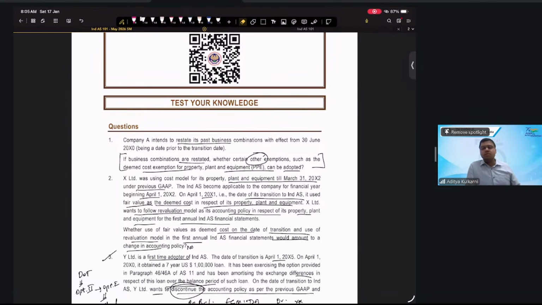They do not belong to business combination items, but they belong, say, to the parent whom we are converging. वो पहले भी थे, वो अब भी है. Yes or no? Yes. And therefore, can I follow deemed cost exemption for those items of property, plant, and equipment? Yes, for that you can do. For that it is allowed.